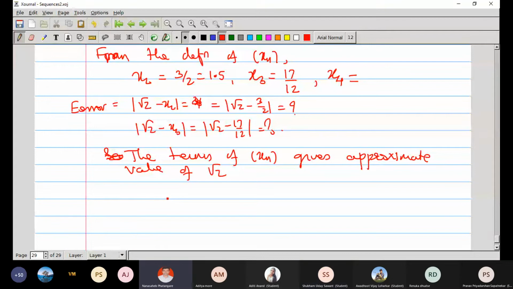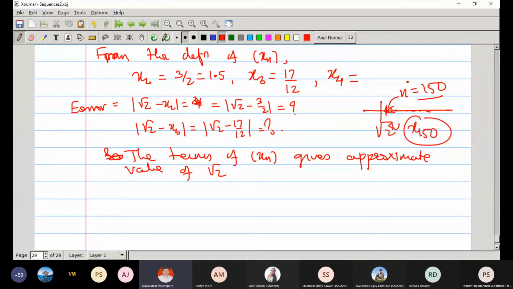Choose larger n, and since our sequence was decreasing and the terms are going towards root 2, if you choose n equal to 150, the corresponding term x150 is very close to root 2. If somebody chooses n equal to 1565, that value is also very close to root 2. Correct? So convergence makes sense.